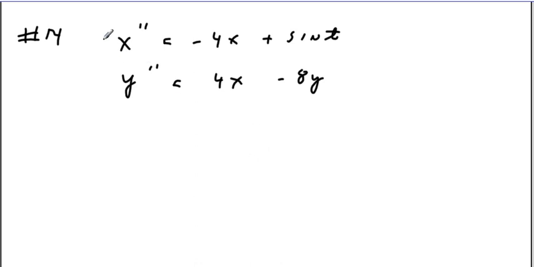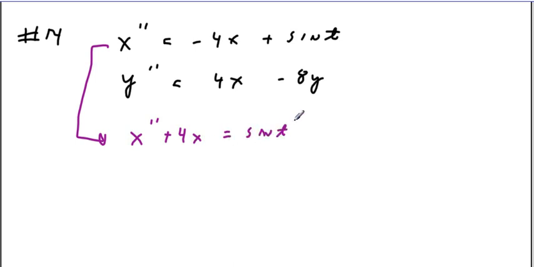Okay, so if I look at the first equation, I have x double prime plus 4x is equal to sine t, and the characteristic equation of the homogeneous solution says m squared plus 4 is 0, which implies that m is going to be plus or minus 2i.